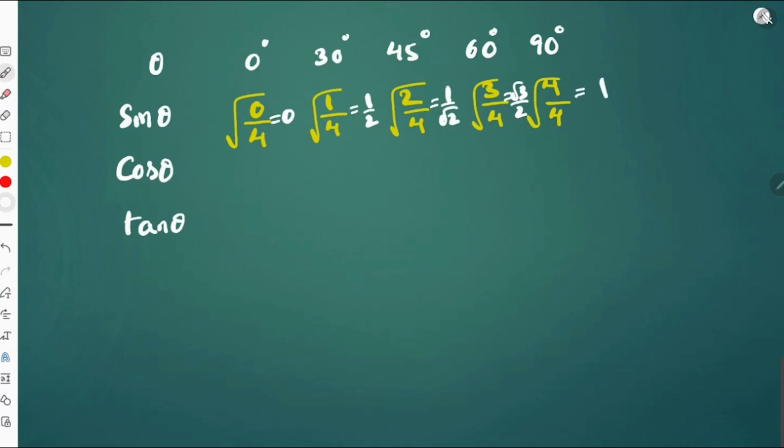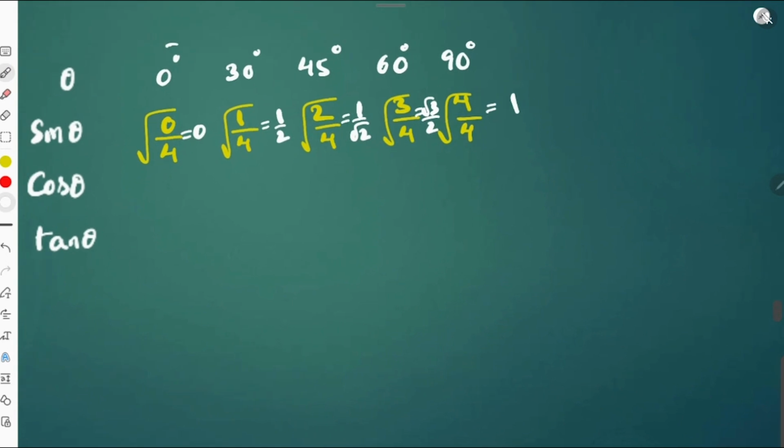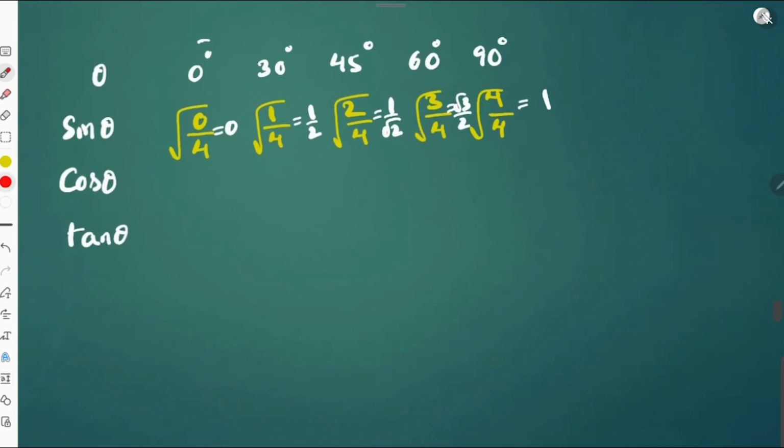Those are the values of sin theta. And if you write in the reverse order, you will be getting the cos values. That means cos 0 will be the same as this one. So 1, in reverse order, root 3 by 2, 1 by root 2, 1 by 2, 0. Those are the cos values.